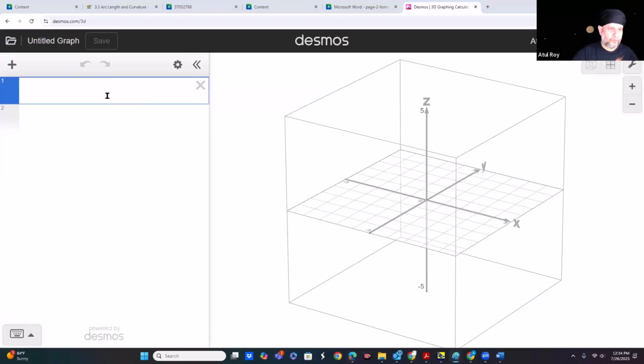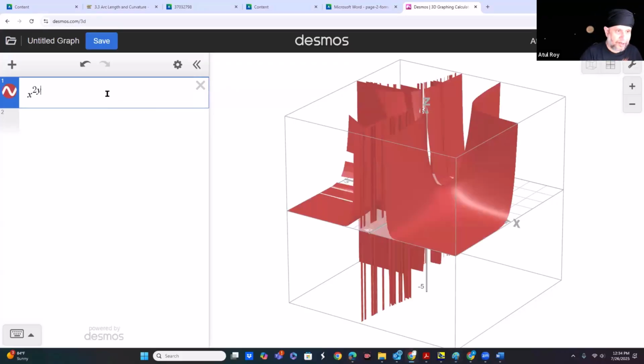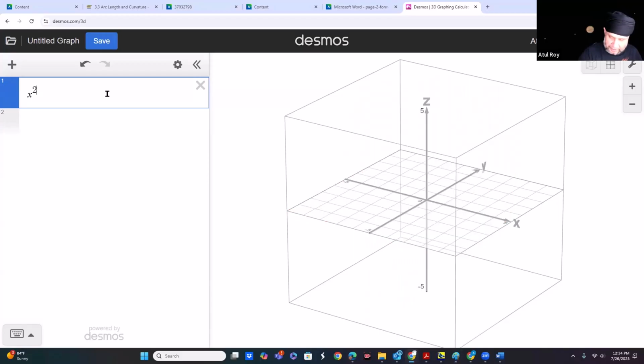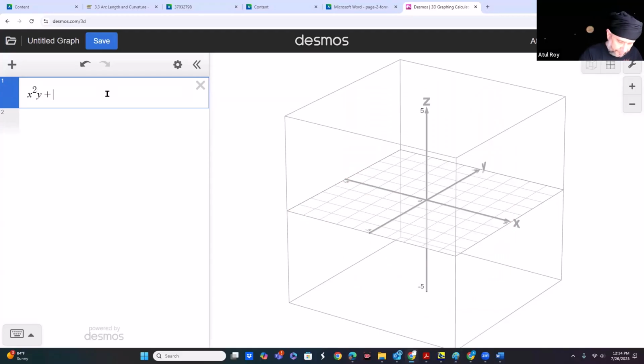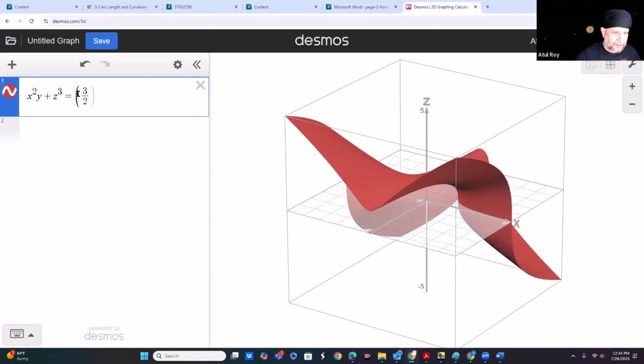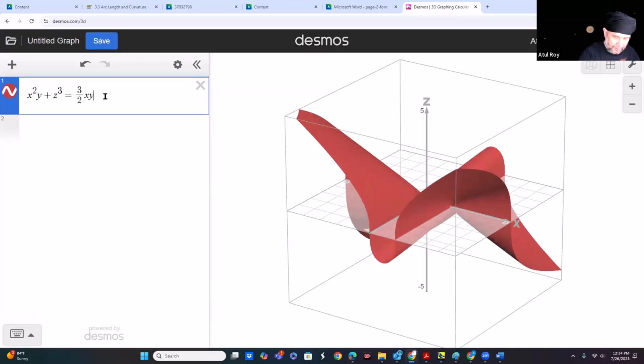Okay, so we had x squared y plus z cubed equals 3 over 2, right? Let's just get rid of this xyz.